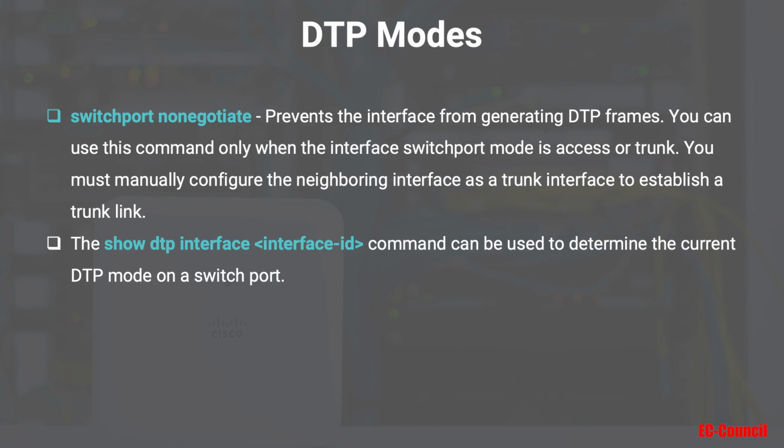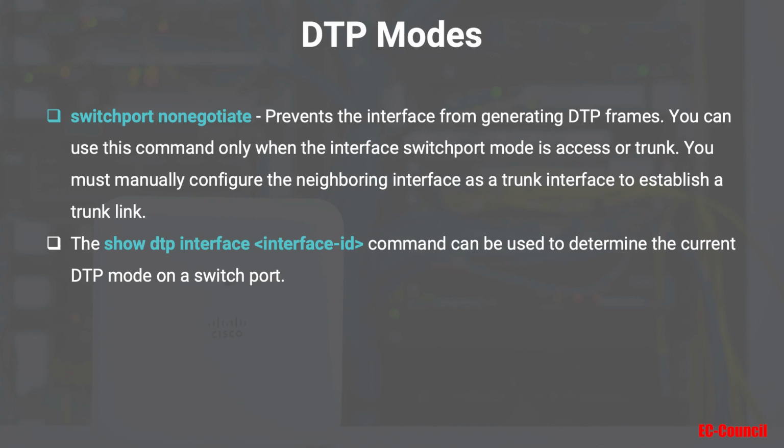And lastly, we use the switchport nonegotiate command. The switchport nonegotiate command simply prevents the interface from generating DTP frames. You use this command only when the interface switchport mode is access or trunk. You must manually configure the neighboring interface as a trunk interface to establish a trunk link.